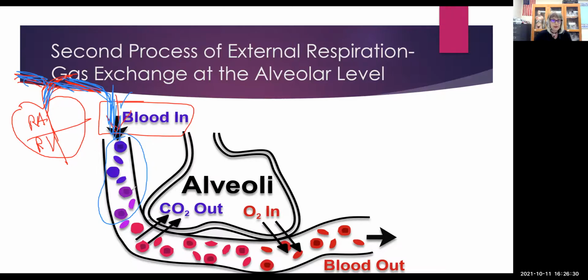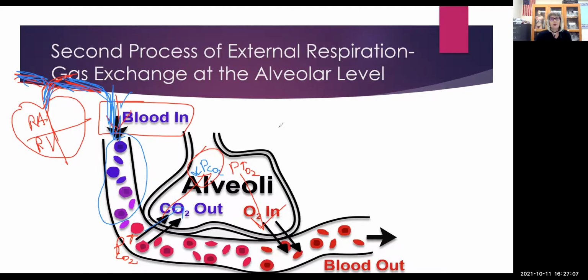All right, so what happens is that we're dumping the CO2. Why? Because on this side, the PCO2 is low, but the PO2 is high. So let me draw this in red. PO2 is high. So therefore, oxygen comes in from high concentration to low concentration, and CO2 goes out from high concentration here to low concentration here.